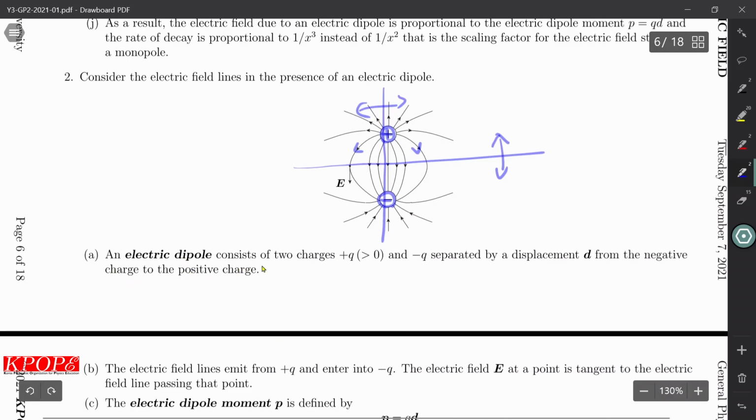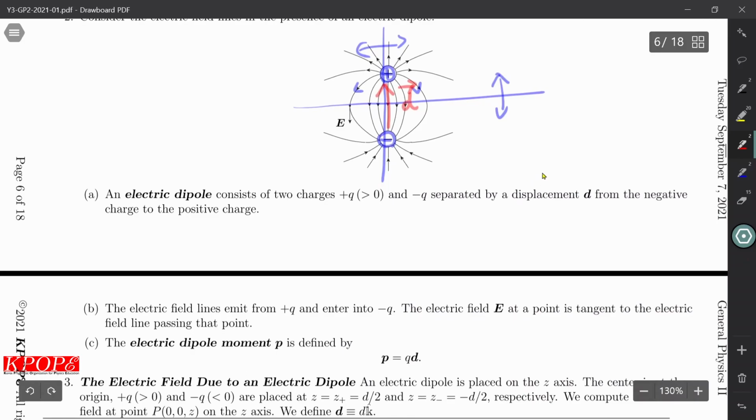An electric dipole consists of two charges. One is a plus, the other is a minus, but the magnitudes are the same, separated by a distance d. From negative to positive, we have the d vector. So the electric dipole moment is d times q, when this is plus q and this is minus q.